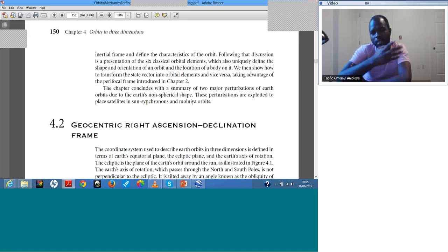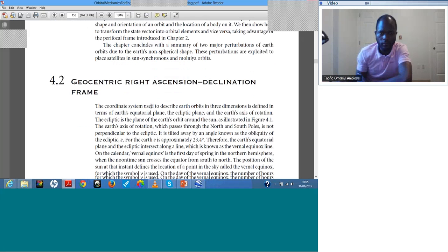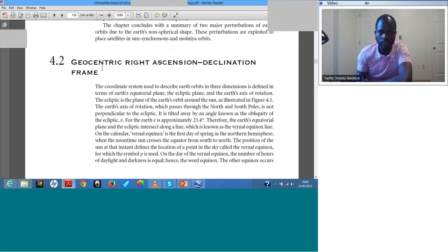In just layman terms, from the words, it means the satellite is in synchrony with the Sun. So, geocentric right ascension and declination frame.